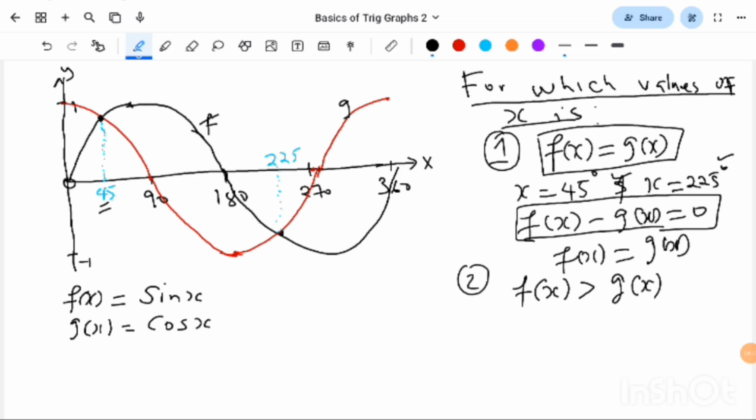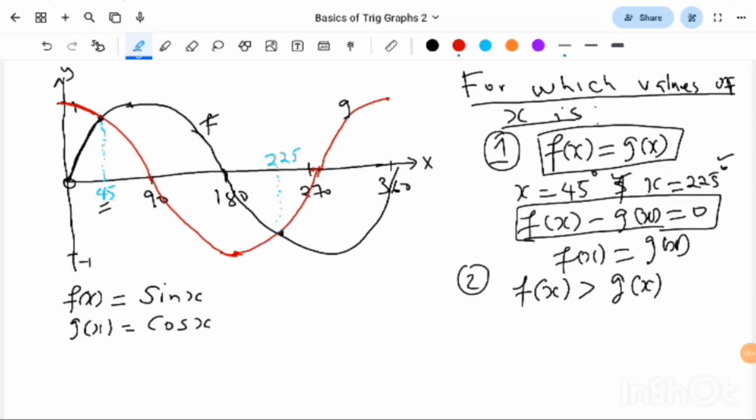We will start from 0 and look at the graph of f of x. My graph of f of x from 0 all the way to 45 is below g of x.